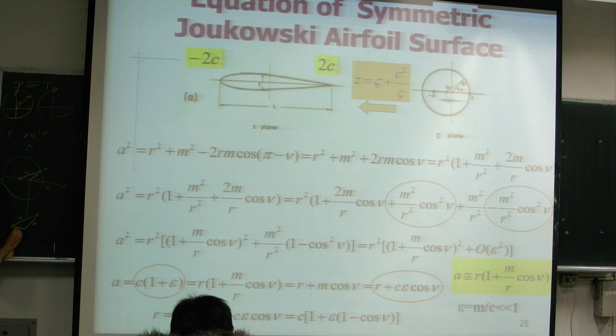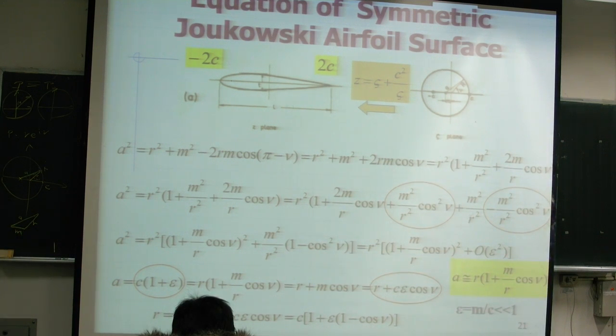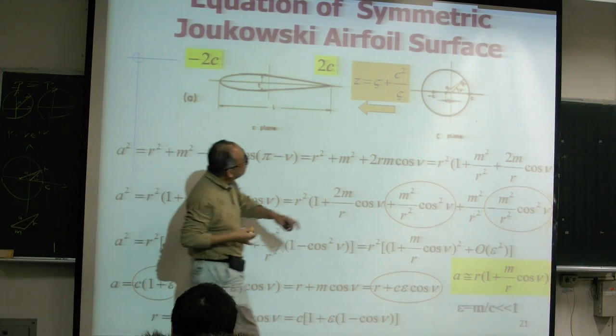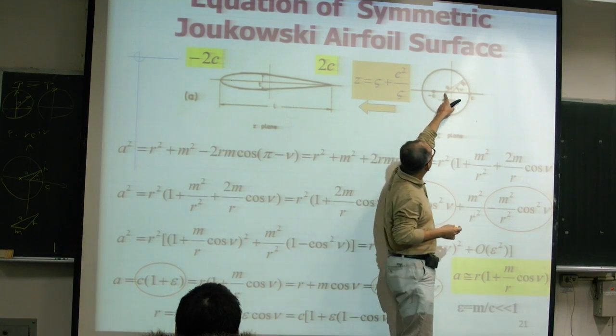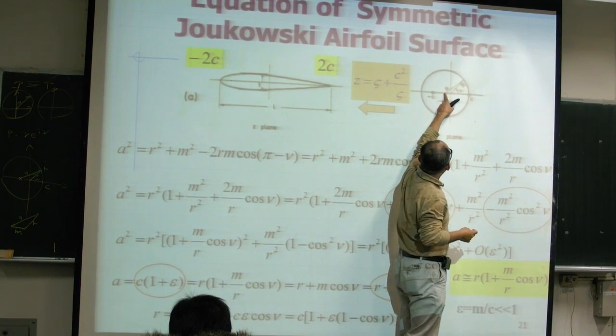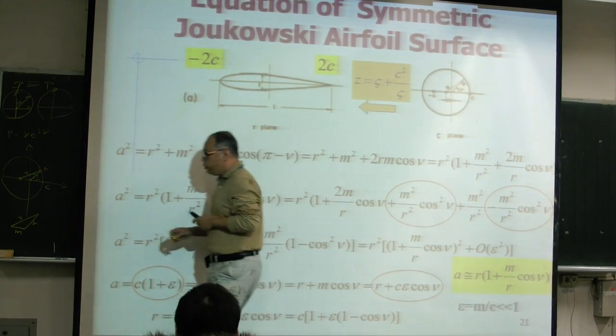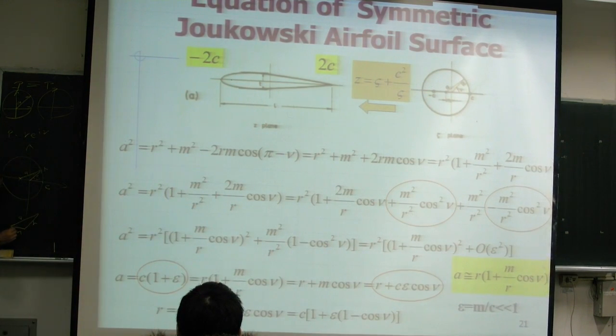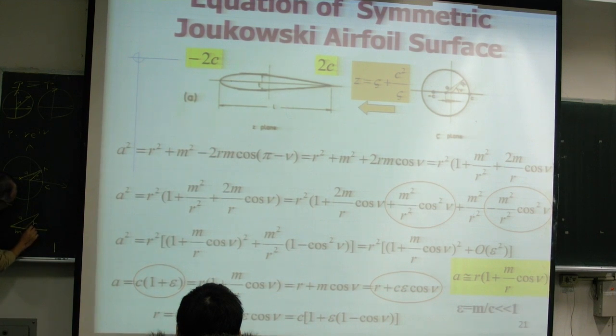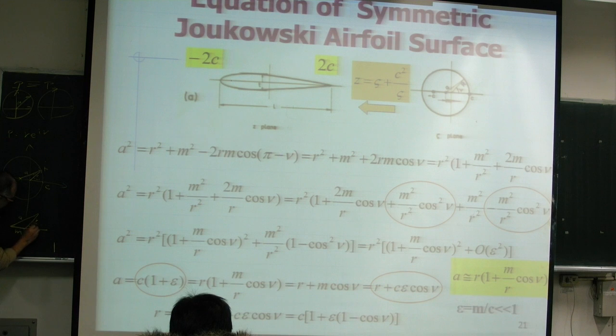So we apply this triangle here. This is A, this is R, this is M. And we also have an angle here. This angle is mu.